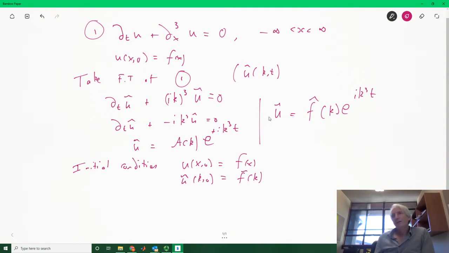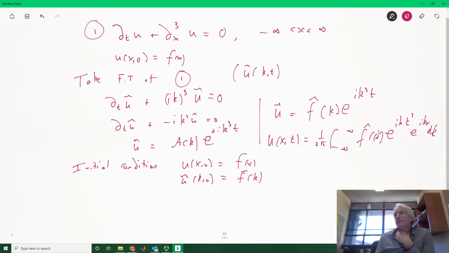But what we've got access to is this thing called the fast Fourier transform. So at the moment, we've got this solution here. We can write it down using the formula of inverse Fourier transform. So there's the formula there.